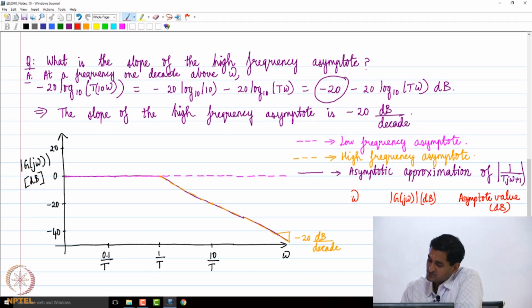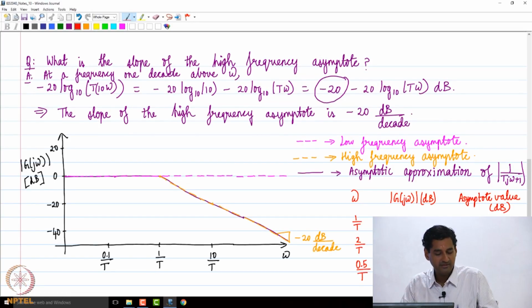What I want you to do is please calculate at 1 by T, 2 by T, and 0.5 by T. So please calculate these three values and let me know. Can you do that, please?